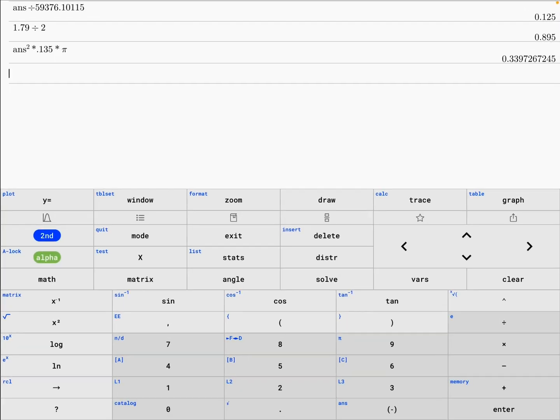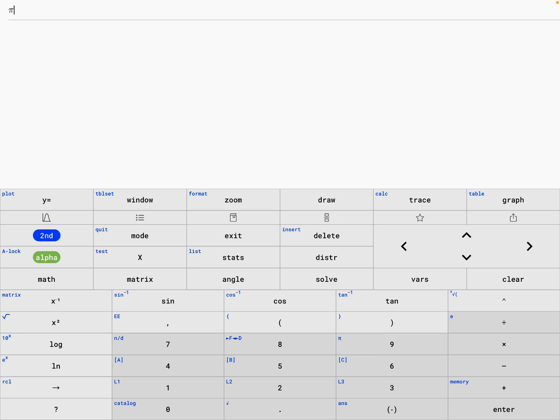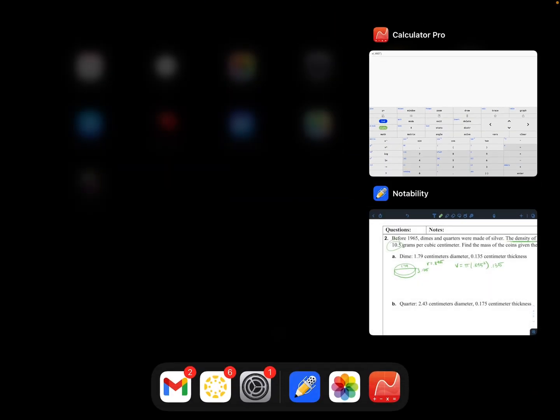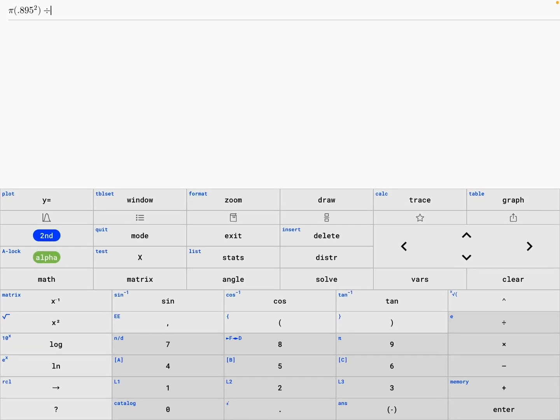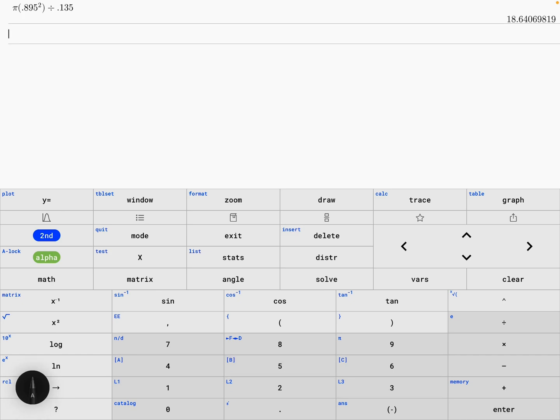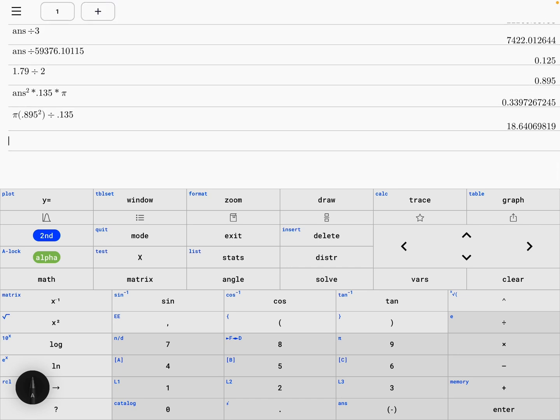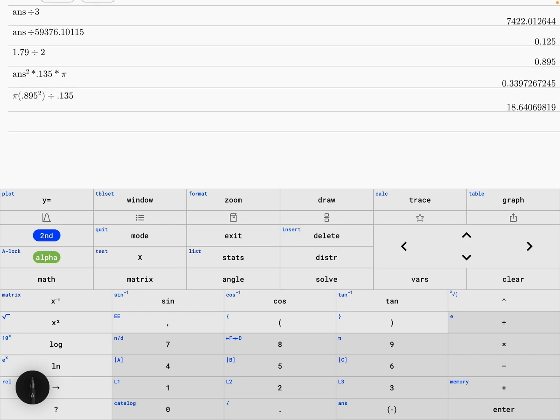So pi times 0.895 squared, and that times 0.135. Okay, so I'm getting 18.64.